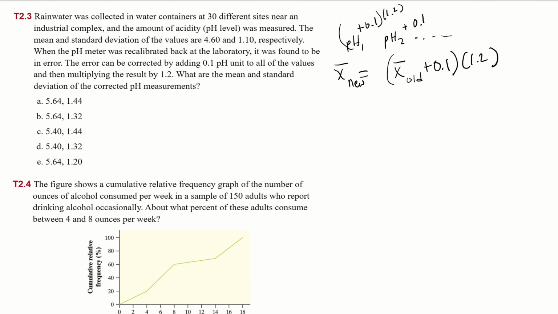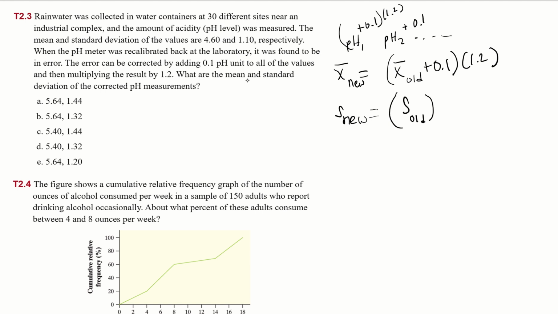So in this case, the new standard deviation is going to be the old standard deviation, not plus 0.1, because the 0.1 doesn't actually affect the standard deviation. Addition and subtraction do not affect spread, right? However, multiplication does.